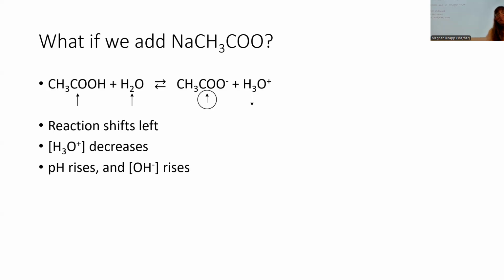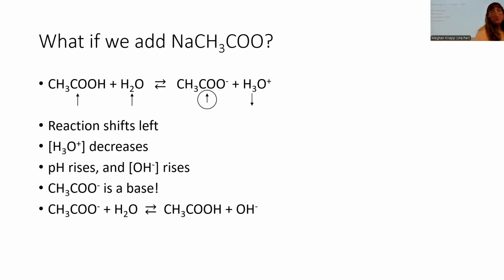Okay, now remember that because the hydronium and the hydroxide are in equilibrium with each other, as the hydronium goes down, the OH is going to rise. We're going to have more of that. And that's what we think of as being associated with our bases, is that hydroxide. All right, so that is why CH3COO minus or acetate is a base.